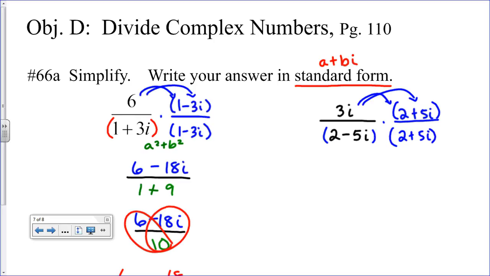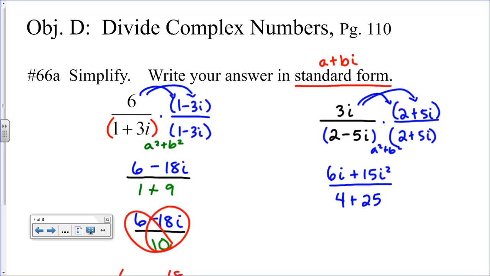So distribute in the numerator. 3 times 5i would be 15i squared. The denominator, a squared plus b squared. So a squared would be, b squared would be 25.